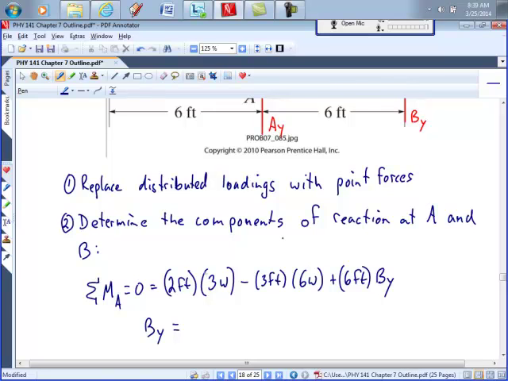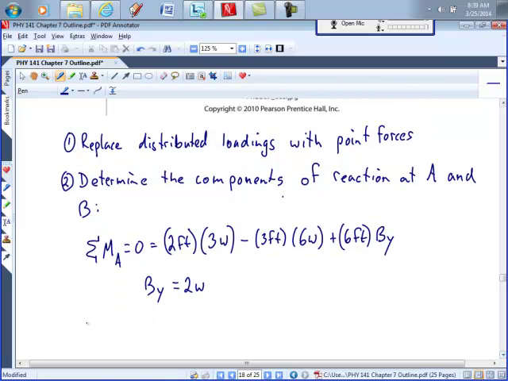So we should be able to do this without a calculator. This is going to be 6 minus 18 is negative 12 plus 6 times B. So B is going to have to be plus 2, or 2W. Okay, and we could do moments about B to find AY, or we could just use the sum of the forces in the Y direction.